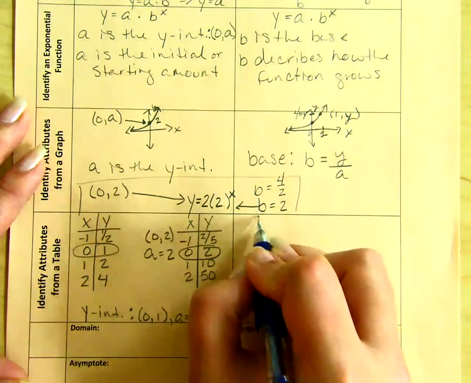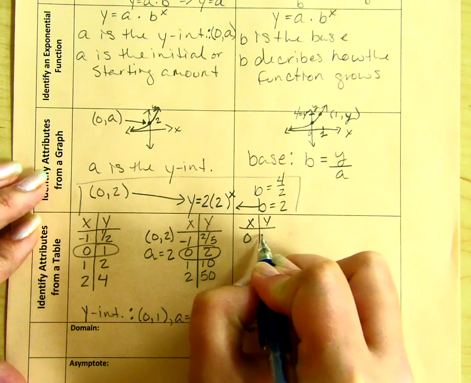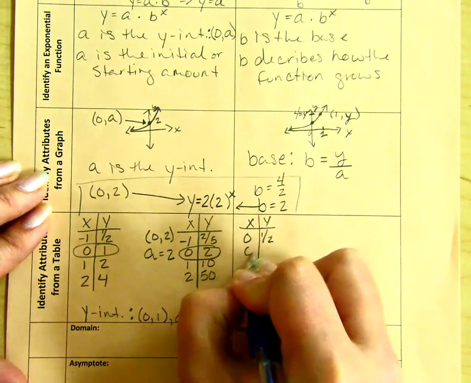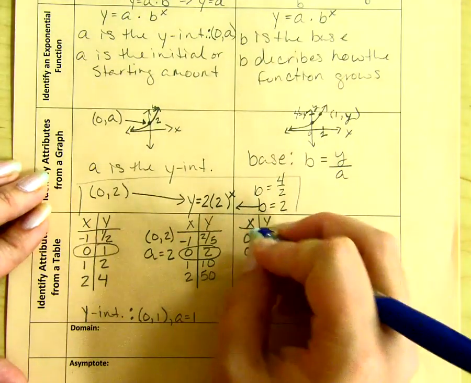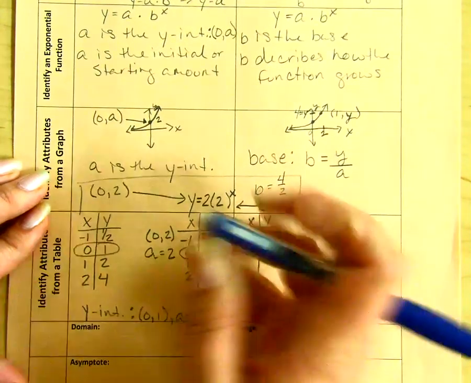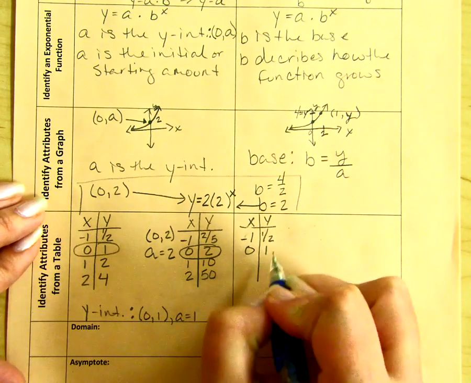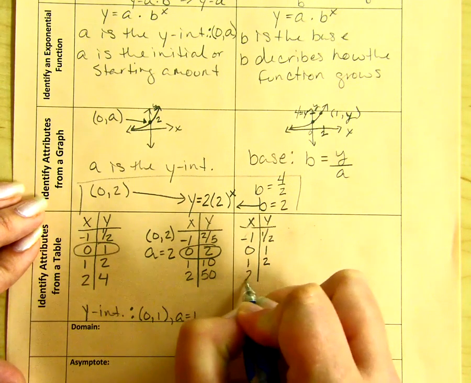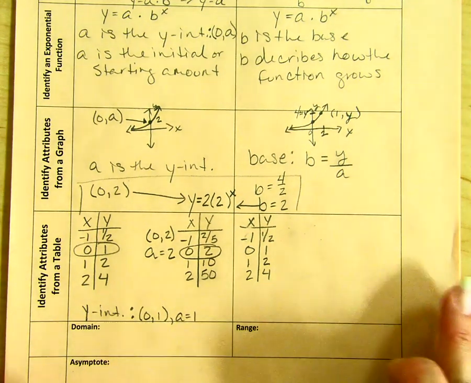Now, using those same tables, I apologize, I put the wrong value because it needs to match this table over here: -1, 1/2, 0, 1, 1, 2, and 2, 4. We can find the B value by figuring out what's happening, by figuring out what we're doing.